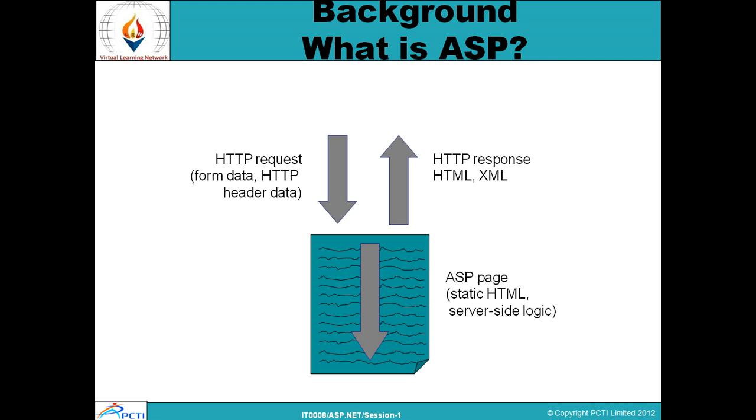And then the ASP page is a kind of static HTML server side logic. So the HTTP request goes to the ASP page, and then the response comes back in the form of HTTP, HTML, XML and all these.